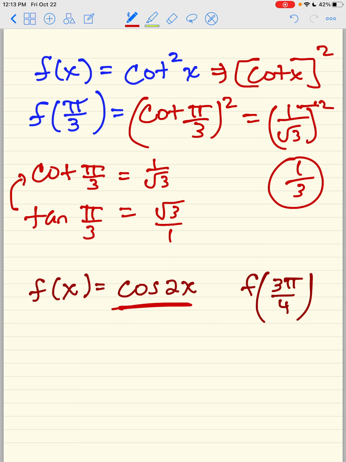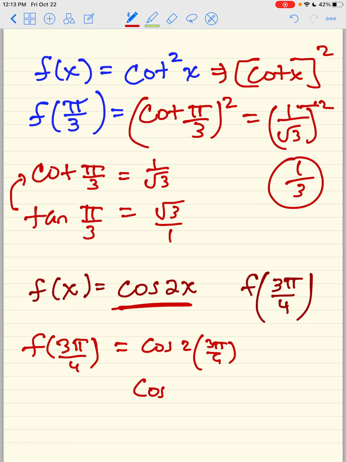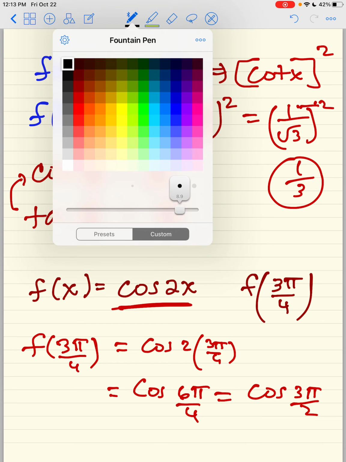Here, we're going to multiply the angle first. This one is actually very important. You should never look at an angle that's not reduced. So you're going to go 2 times 3 pi over 4, and that's going to be 3 pi over 2. You're going to have to use your chart.